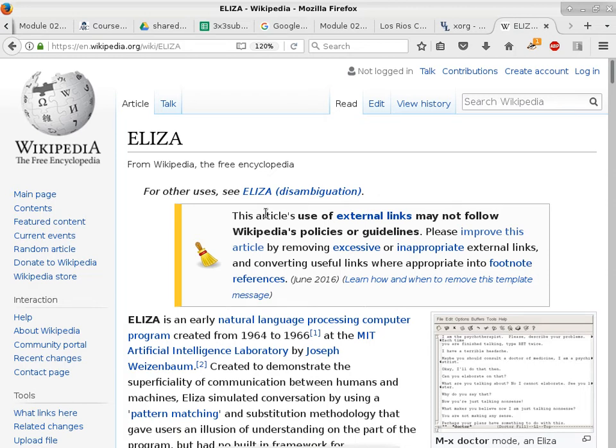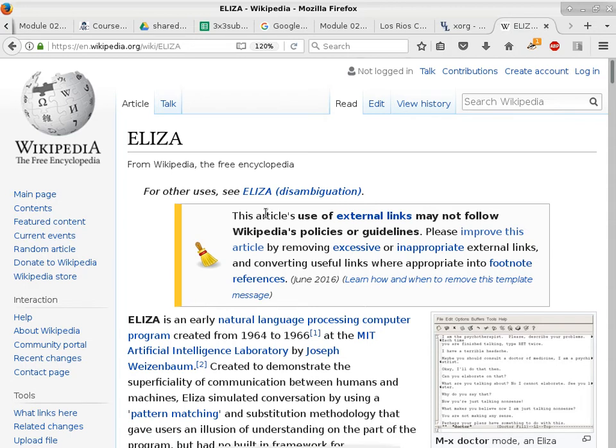But ELIZA is a very simplistic program. If a computer back in the 60s can do this, it is simplistic. Because my Fitbit has got more processing power than most computers in those days, like a whole room full of computers. I have more processing power on my wrist right now. And that's without even relying on the Bluetooth to hook up to the web, to the cloud.